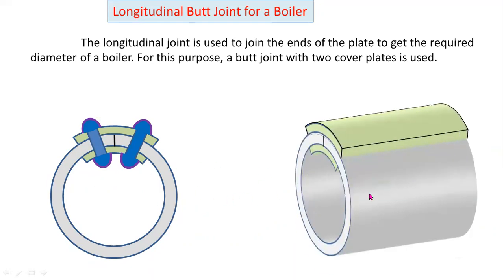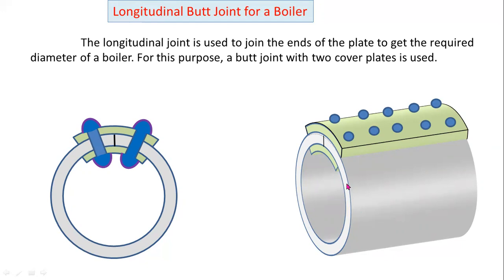So here this is the actual boiler. This is the joint. To join this end of the plate, we are using bottom and top cover plates. Then after, we are riveting. These are the rivets. This is the isometric view of a joint.